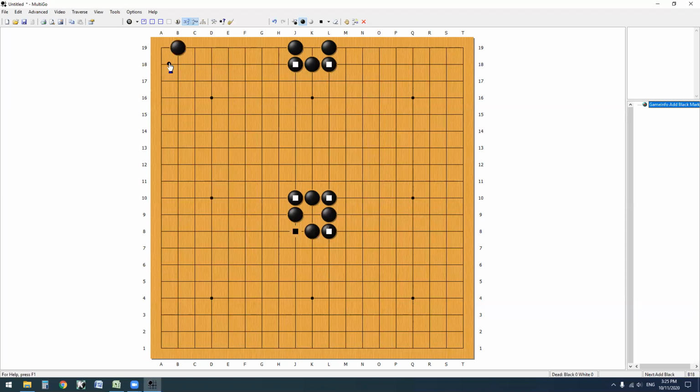And on the corner, we need 2 stones to make an eye, and we need this shoulder to also be controlled by black, and it's a real eye. So all these shapes are real eyes.